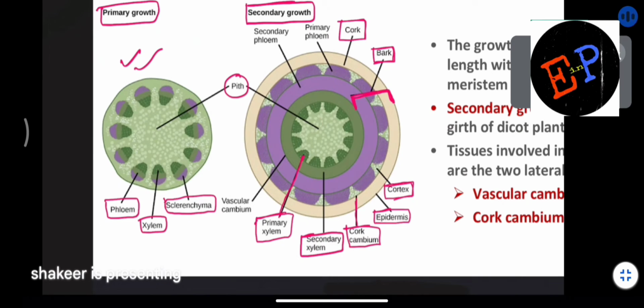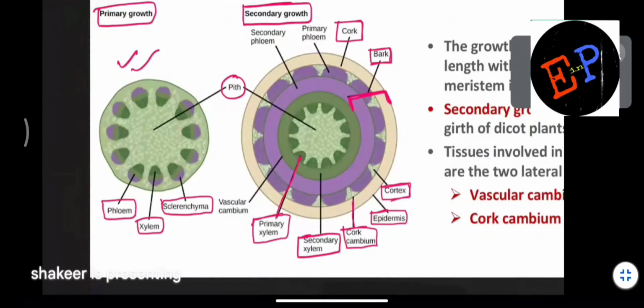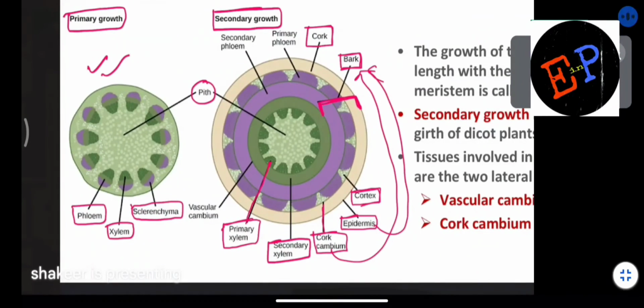Bark లో ఏమేమి ఉన్నాయి చెప్పండి? You will find cortex, epidermis and cork cambium. These are the three structures present in the bark. So cork cambium, epidermis and cortex all belong to the bark only. So this structure you can call the secondary growth.